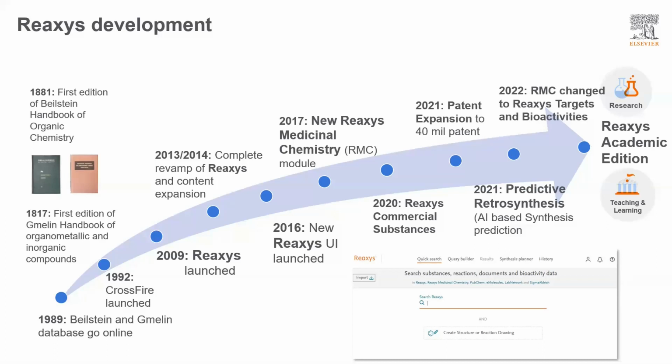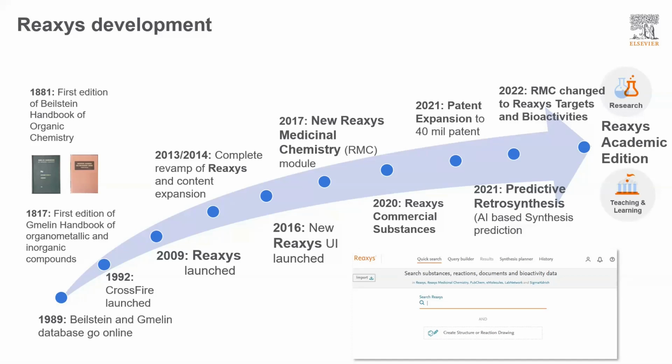You haven't had a chance to see it, I think. We have a database of almost 500 suppliers so that you can check the commercial availability of chemicals and substances from many suppliers from around the world. In 2021, we added a lot of patents. Patents was actually our weak area, I must say, and we knew that.